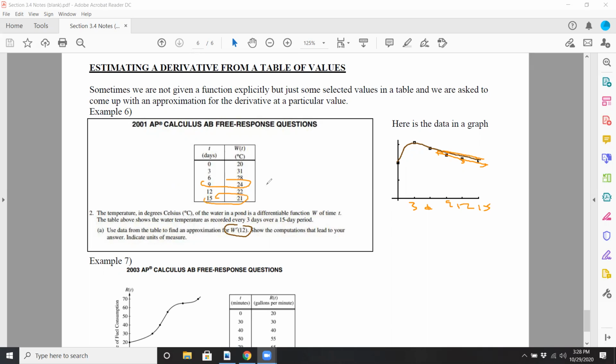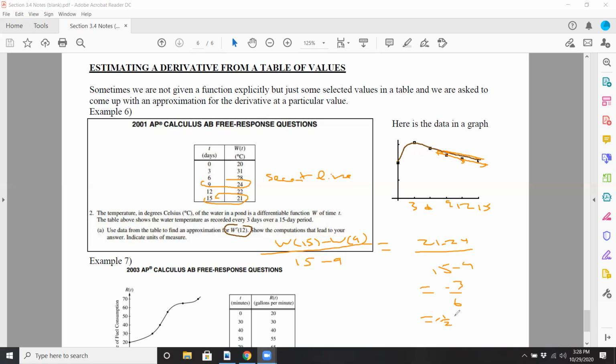So what if I find the secant line between 9 and 15? Because 12 is right in between them, right? So W(15) minus W(9) over 15 minus 9. So that's 21 minus 24 over 15 minus 9, or negative 3 over 6.